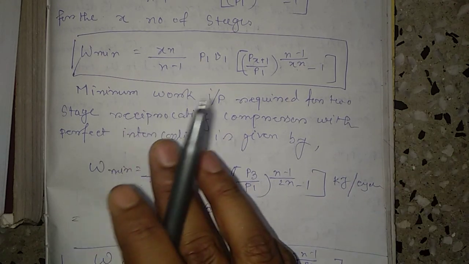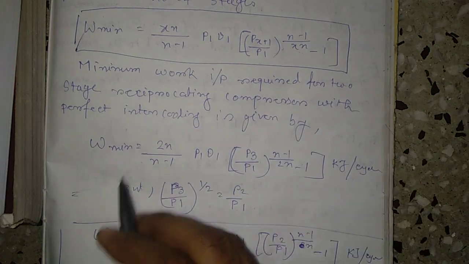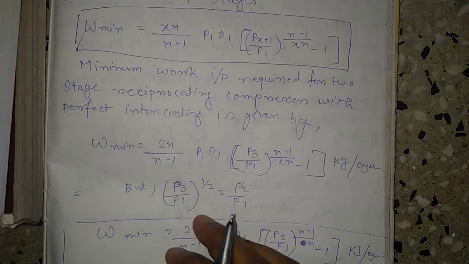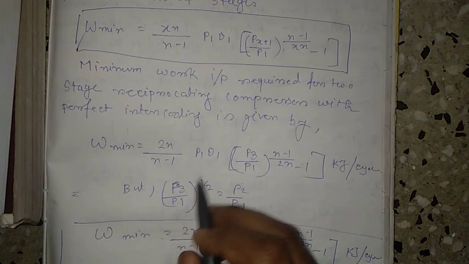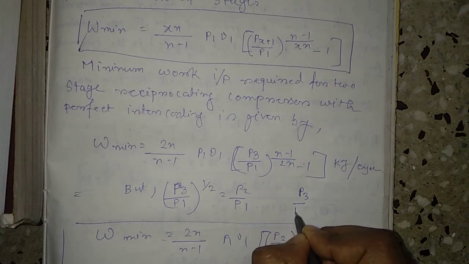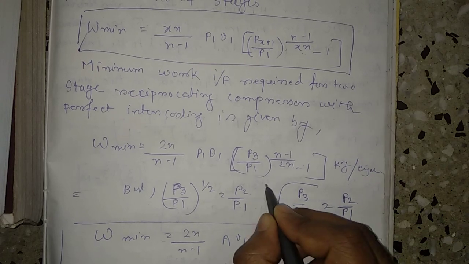Now for the 2-stage compression process, the expression can also be written in another form. As you know, the square root of P3 by P1 is equal to P2 by P1 from the previous expression.